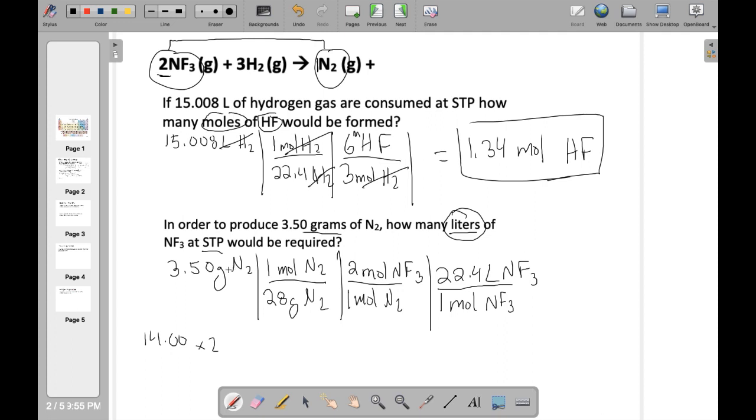So if I look at my units, grams cancel, moles cancel, moles cancel, and I'm left with liters. And if I do the math, I would get about 5.6 liters of nitrogen trifluoride.